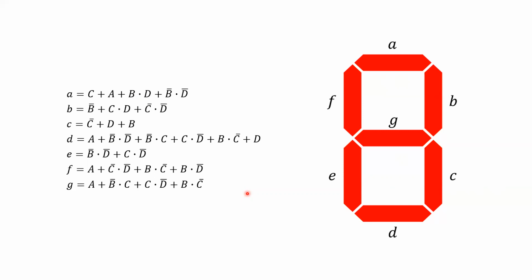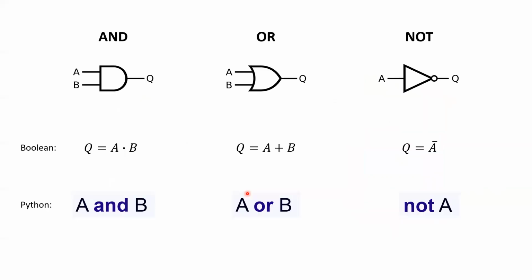So this is all well and good, but how do we turn this into a circuit? In circuit design, we have some logic gates that we can use, and logic gates map directly to Boolean operators.